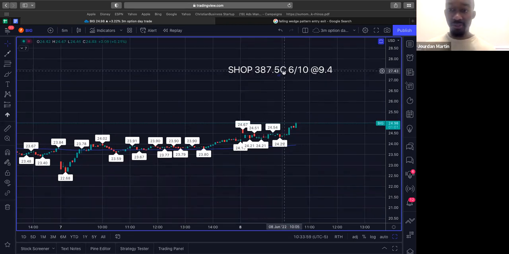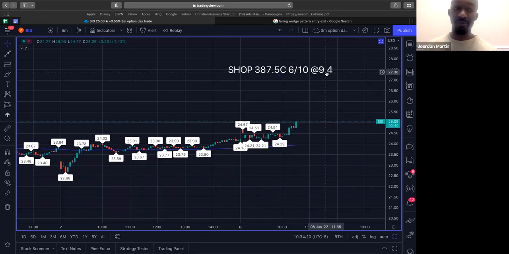This could say C or P. Stock, strike, call or put, expiration, and then the premium price. So what this reads as in regular English is, my name is Jordan and I bought Shopify 387.5 call with a 6/10 expiration, and I paid 9.4 as my premium, or $940 as my premium. And that's my call out.